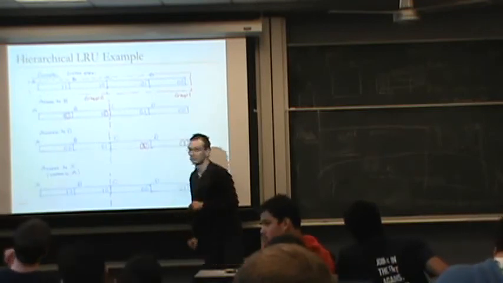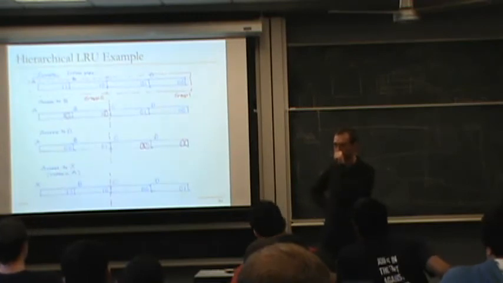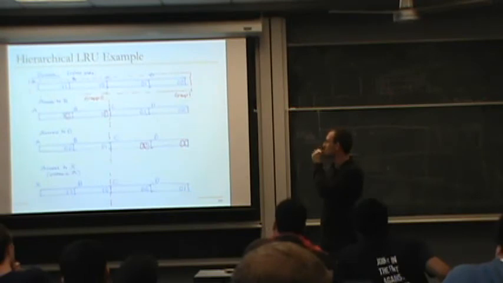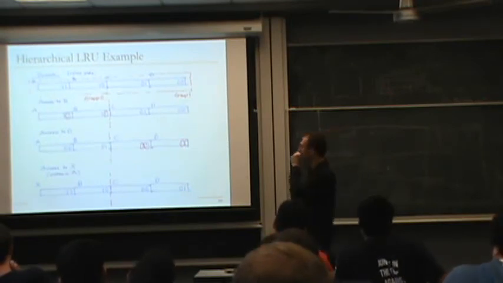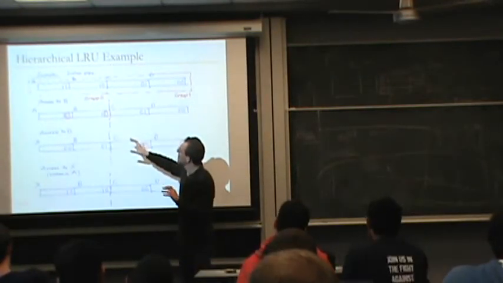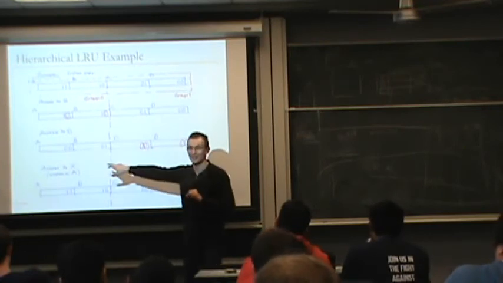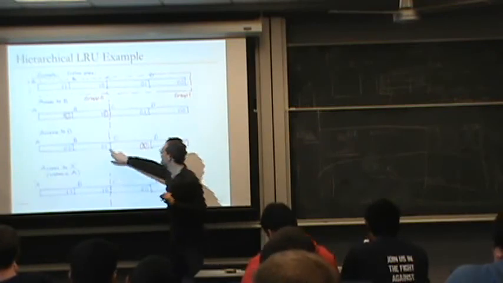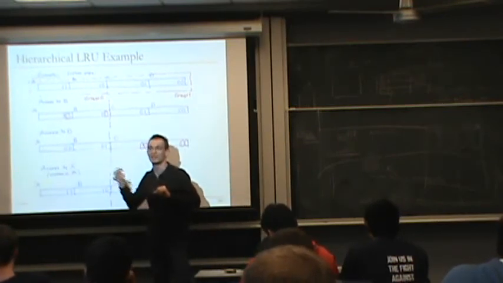Why do you care what group is MRU as opposed to just what is MRU? Yeah, I guess in this case you don't care, right? This is just one example. In this case you have a total ordering. But you could think about grouping and not keeping track of what is LRU and MRU within a group.